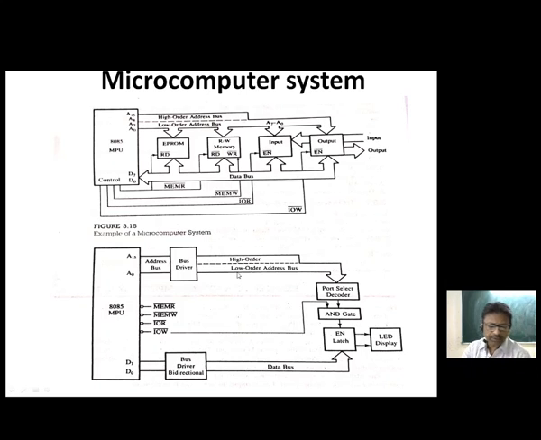Now the second figure is an extended version of the previous figure of the microcomputer system. In this, the bus has been elaborated more. This block diagram includes tri-state buffers, tri-state bus drivers, a decoder, and a latch.